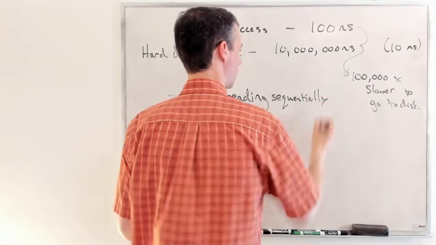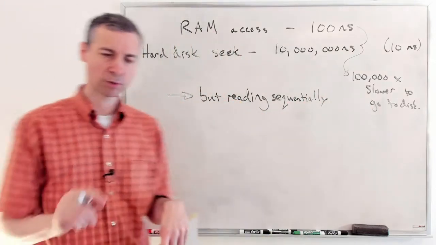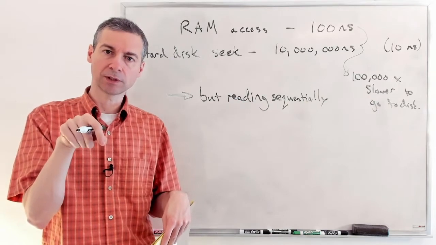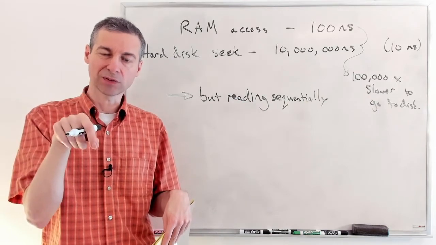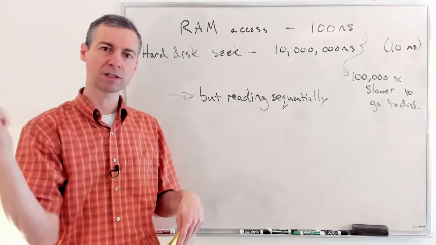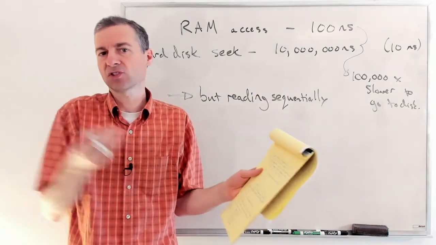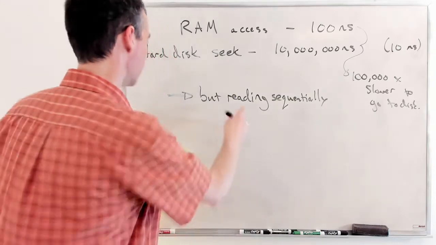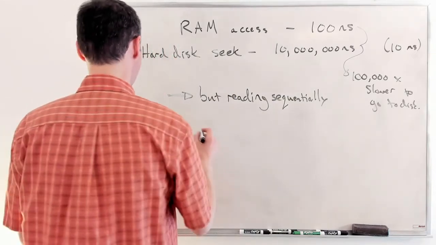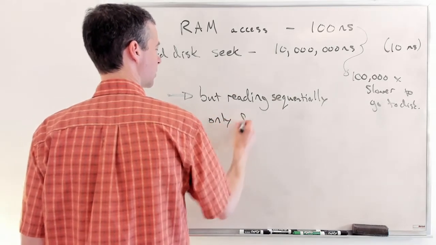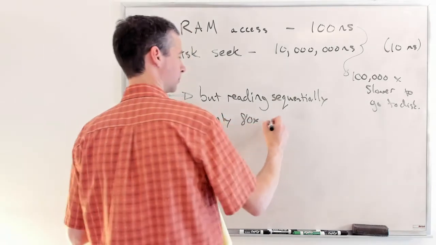When we're reading sequentially, the great thing is the head that's reading the data off the platter is just sitting there for the most part, and the platter spins underneath it at high speed, and so those bits just fly off and just get sucked in. When we read sequentially, we are only 80 times slower than memory.